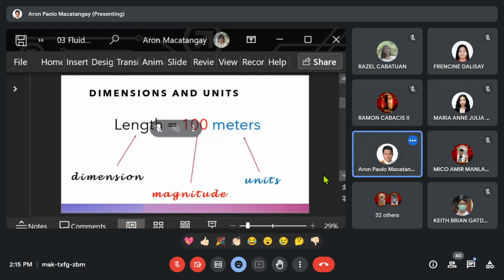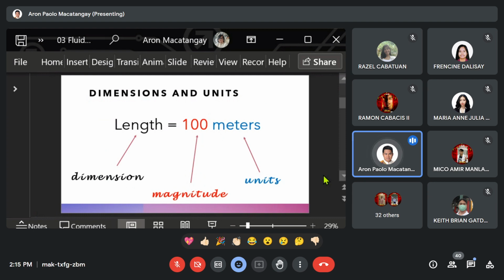Okay, next. We'll start with dimensions and units. In your screen, you can see length equals 100 meters. Length there is the dimension. It's the property of the physical object that you are trying to define. In this case, we are trying to define the length. 100 meters, the 100 there is the magnitude.